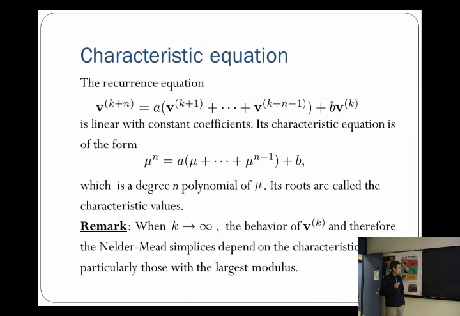Now, according to our knowledge of recurrence relations, when k goes to infinity, the behavior of the vertex v_k, and then the Nelder-Mead simplexes, is governed by those characteristic values, particularly those with the largest modulus, because we are talking about the asymptotic behavior.